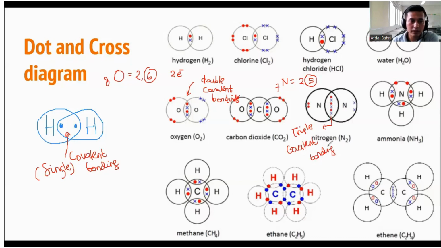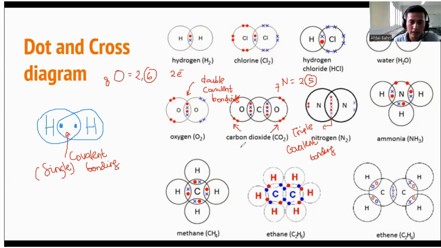Remember, a dot and cross diagram is only a model that can be used to explain covalent bonding. The overlap region indicates electrons are shared between two atoms. If you have an electron in this area, which is not overlapping, it is not shared with the other atom.